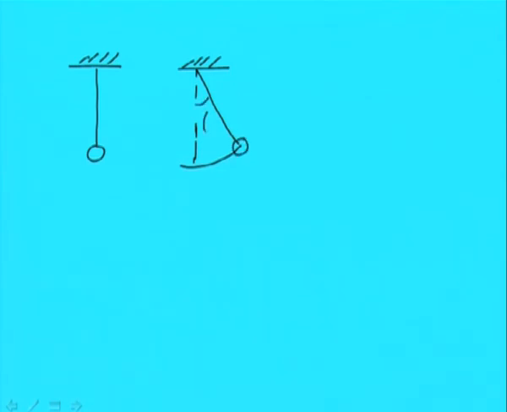At this position it has displacement theta. This is the length L of the cord. Weight of this ball is acting downward, and the total lift of the pendulum from its equilibrium position can be obtained.